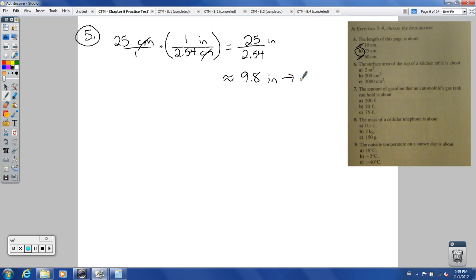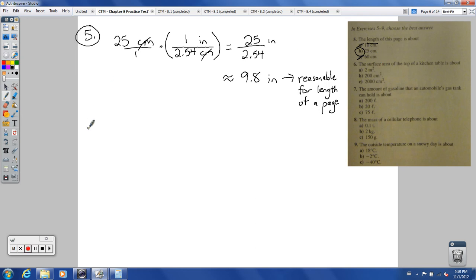So I would say that 9.8 is reasonable for the length of a page. Basically we're looking here to figure out what's most reasonable of what we have here.